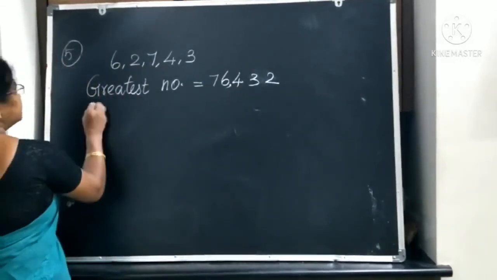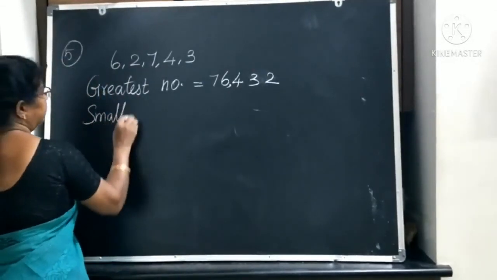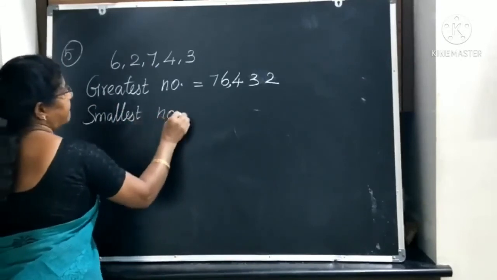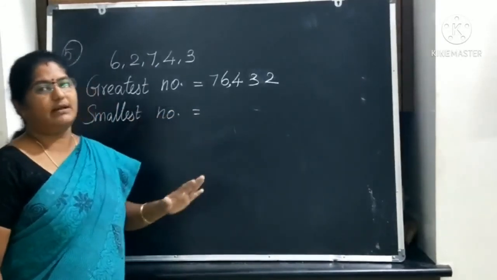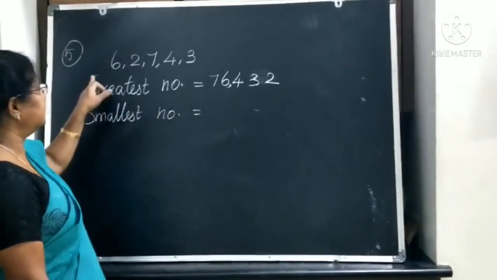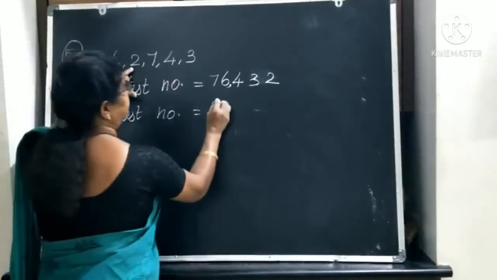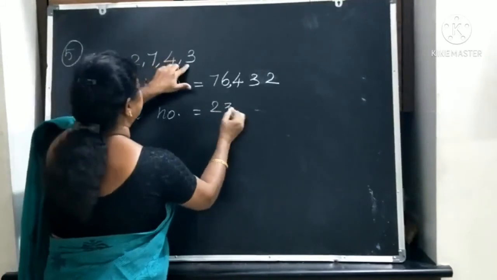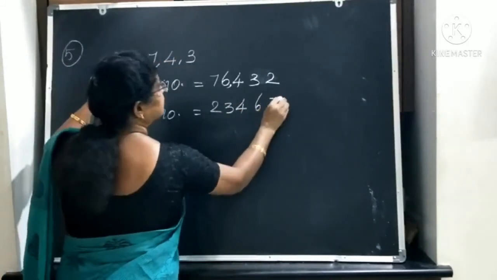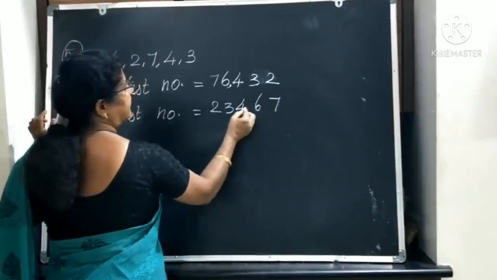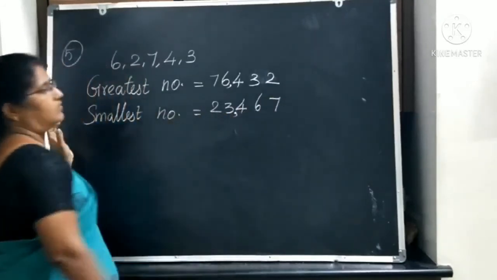Likewise, write the smallest number in ascending order from smallest to biggest. Here smallest number is 2. Next 3. Next 4. Next 6. Then 7.